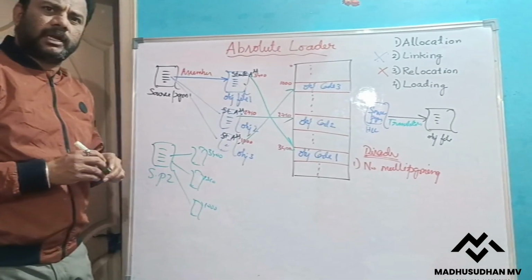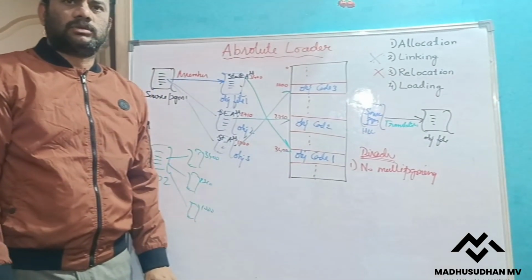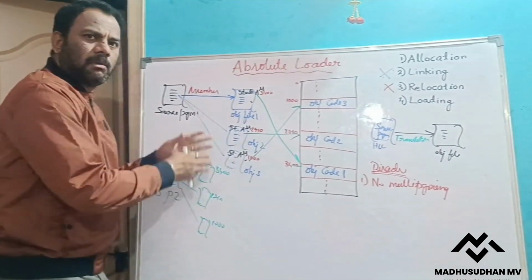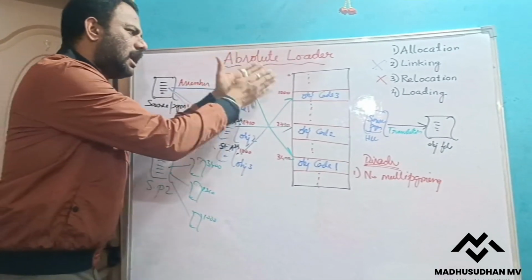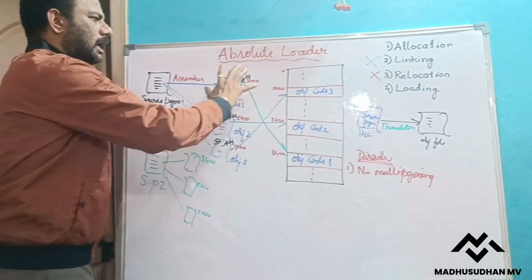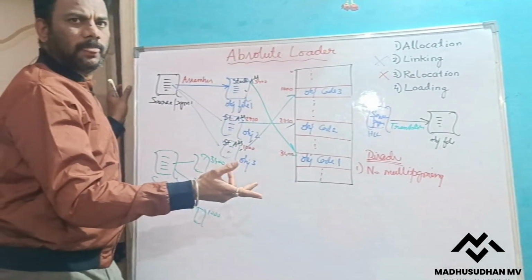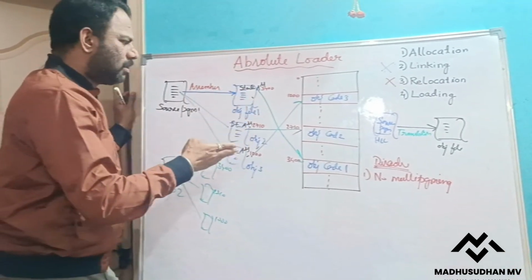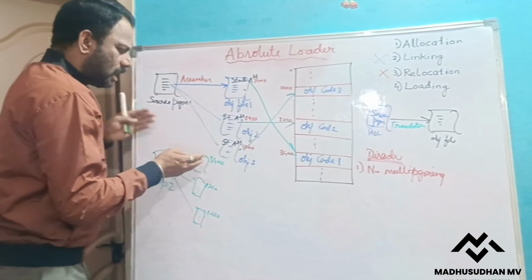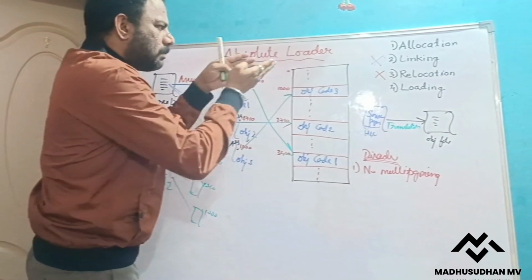That means whichever program the user executes, it will always be loaded at the same address. Right now I am executing one program. After some time I want to execute a second program in parallel. It will generate the same addresses, which means this object code is going to replace the existing one.